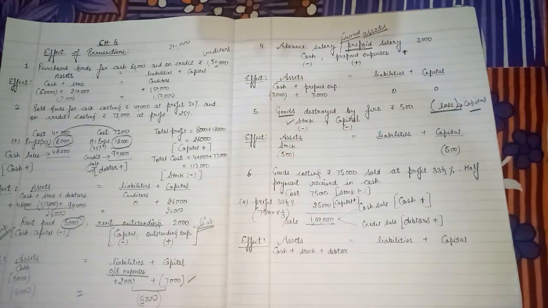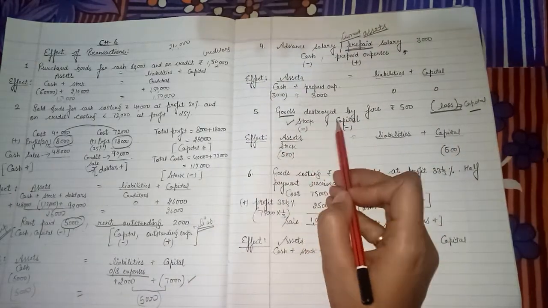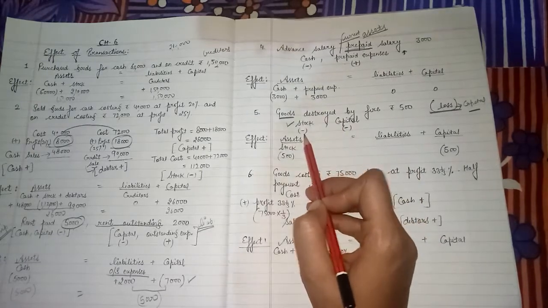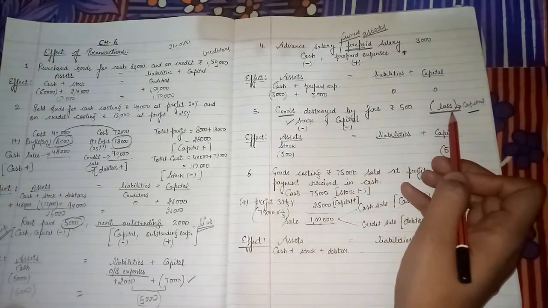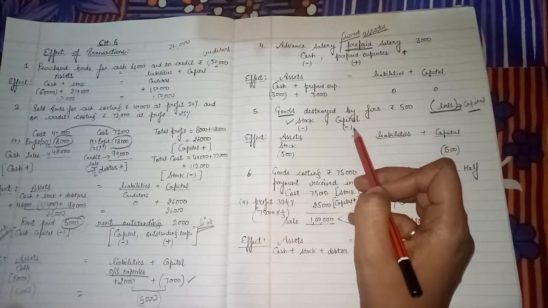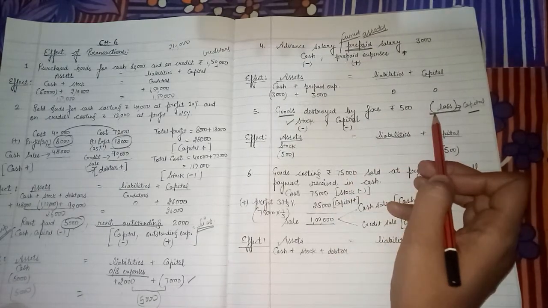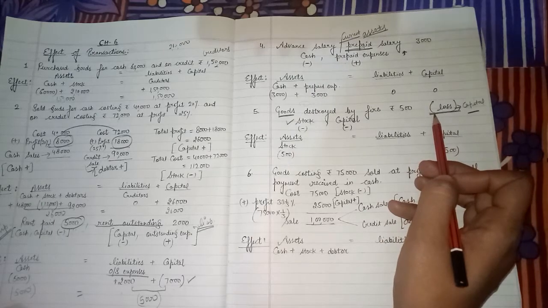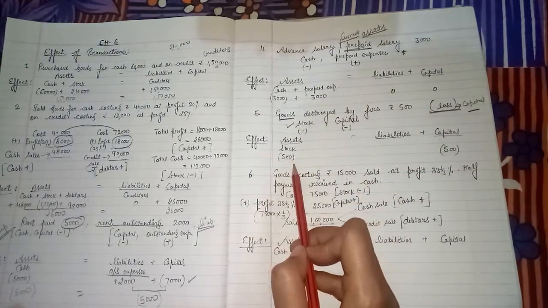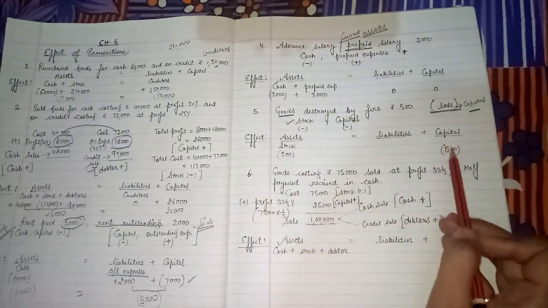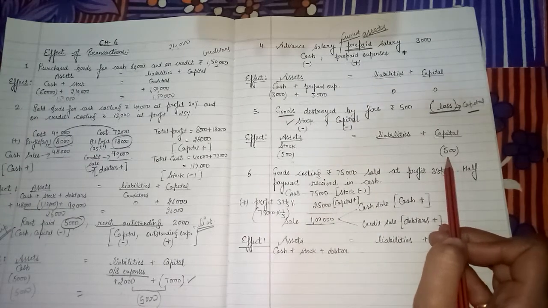So two accounts affected are stock and capital. Stock is reduced by 5,000 and there is a loss of 5,000, so capital will be reduced by 5,000. All losses, all expenses are deducted from capital. So its effect, stock will be reduced by 5,000 and capital will be reduced by 5,000.